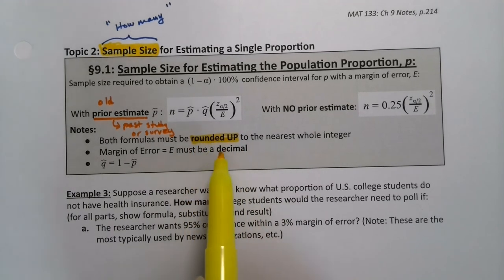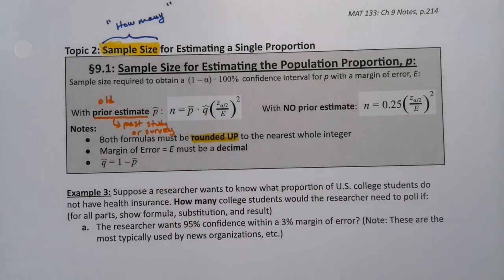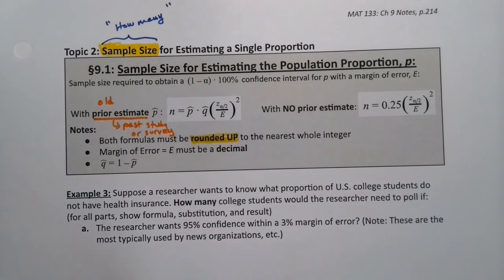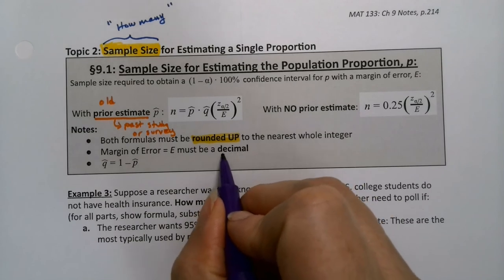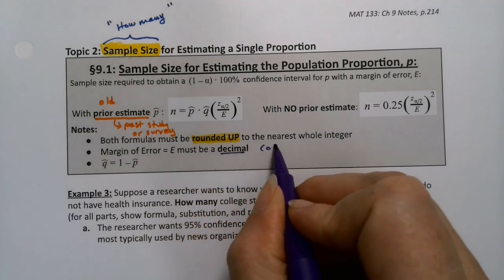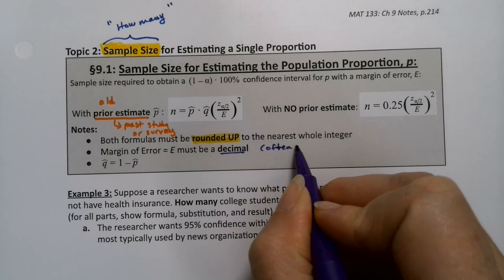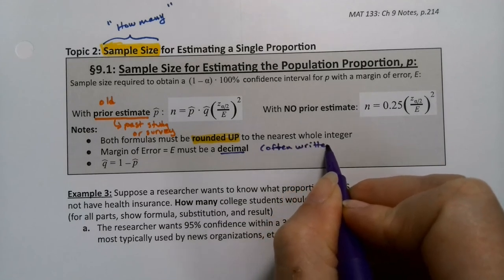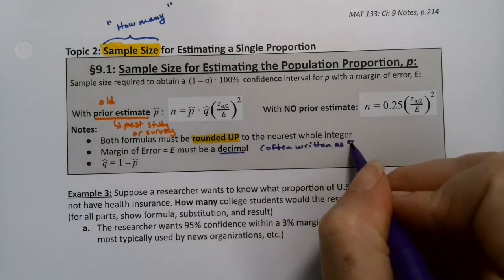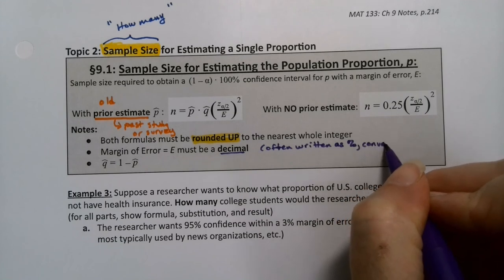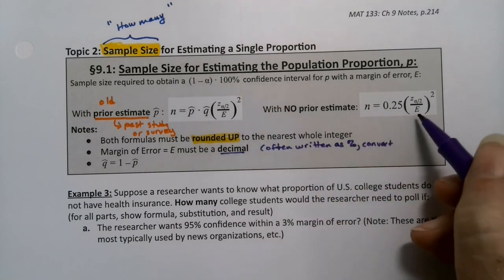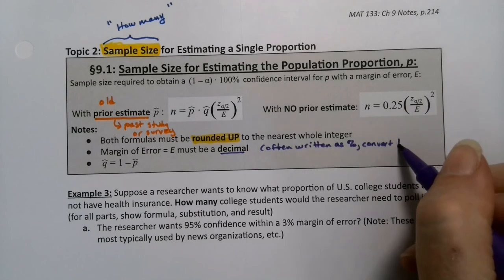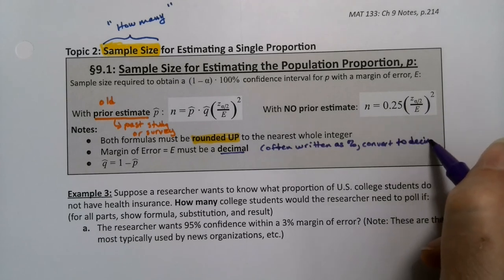And the error in that denominator must be a decimal. Now, why is that an issue? It's not. What happens is that error is often written as a percentage. And so you'll have to convert it to a decimal in order to make the formula work. The formula doesn't take the percent. The formula takes a decimal. That's all I'm warning you about here.